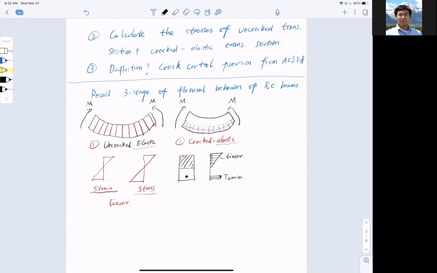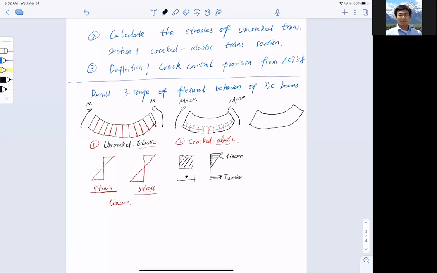Okay, cracked elastic stage. Now, as you progress along, I keep increasing my moment. This is delta M, and keep increasing more. What will happen? Let me just correct my horrible drawing here real quick.